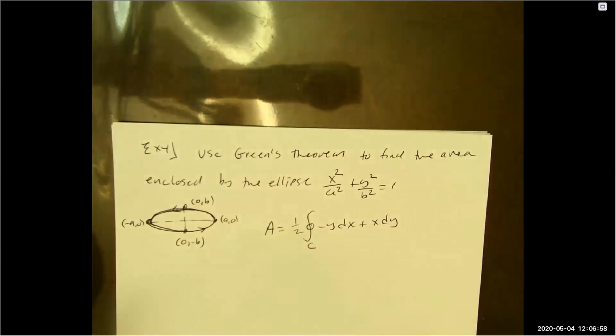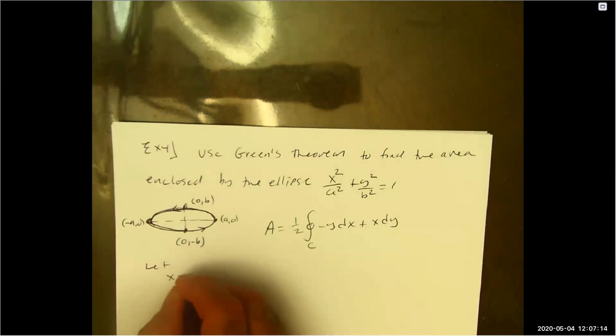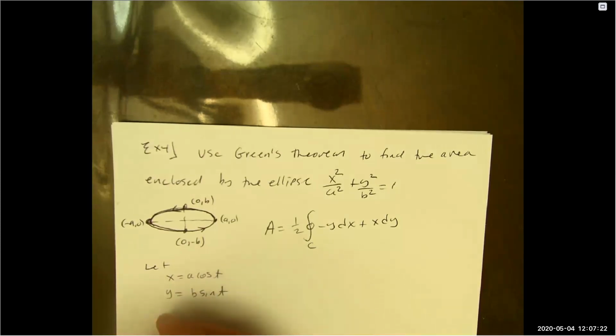Now, in order to carry out this line integral, we're going to have to find some kind of a parameterization for this ellipse. So what we can do is we can use x equals a cosine t, and then y equals b sine t. And then we're going to let t go from 0 to 2 pi.